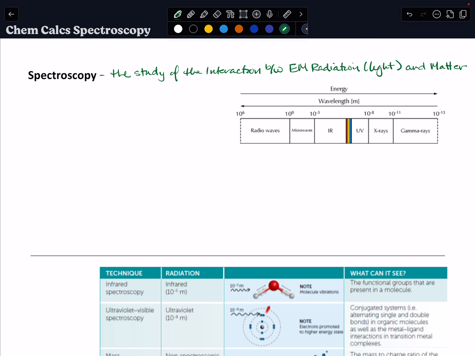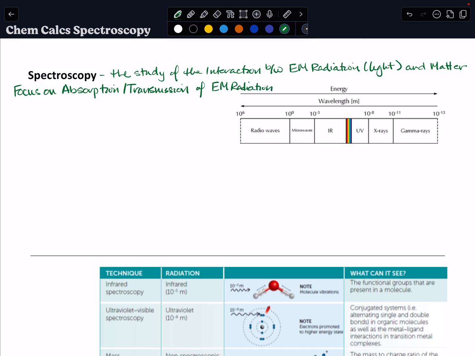All right, now there are many different spectroscopic techniques. They get categorized into a couple different categories. We are going to focus on techniques that are absorption or transmission of that energy, that electromagnetic radiation.